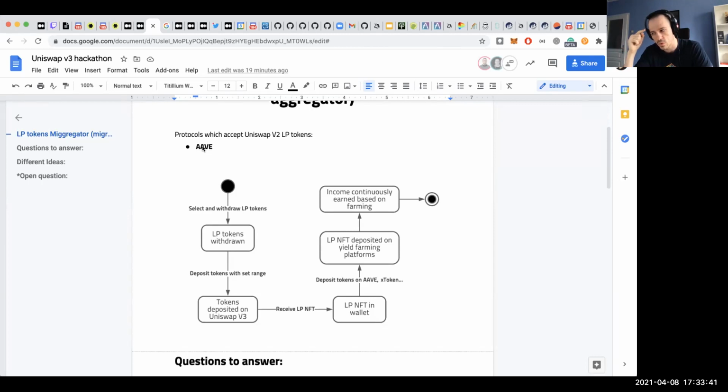Because if you narrow the range in the pool where you deposit assets on version 3, impermanent loss can hit you pretty hard, since if the price moves outside of this range, you will end up in only one token. So you won't hold both tokens anymore.